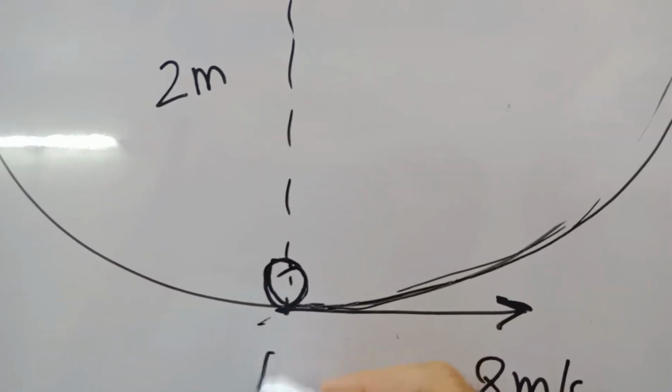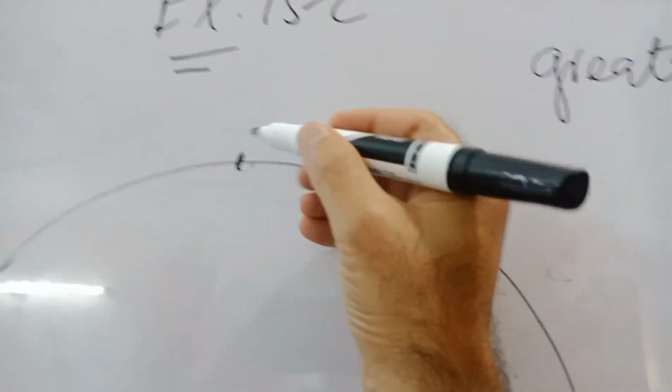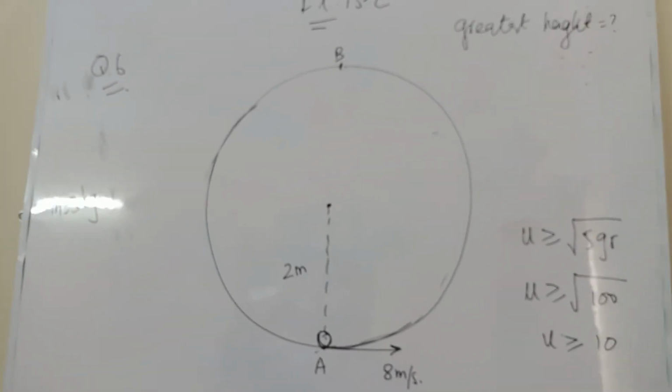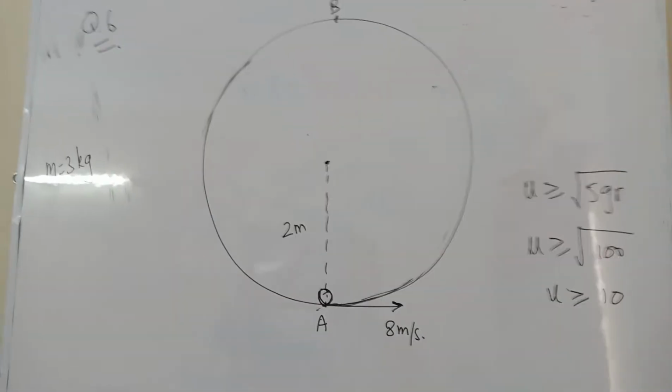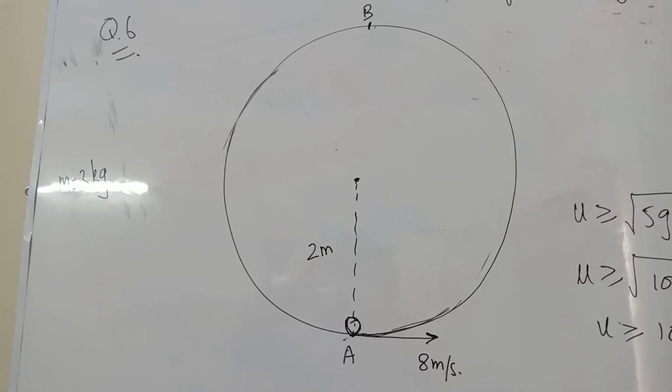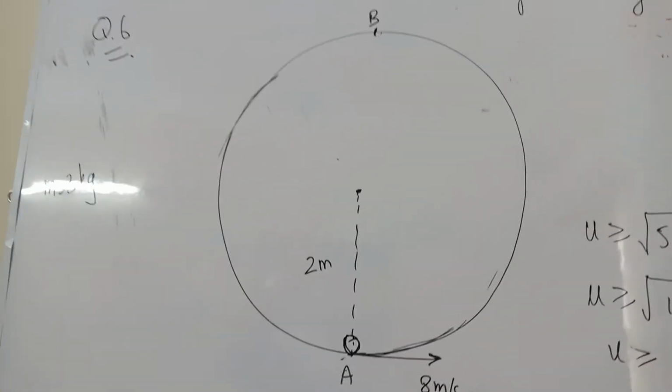If I name this point A and this point B, then while moving from A to B, this will definitely lose contact from this circular surface.